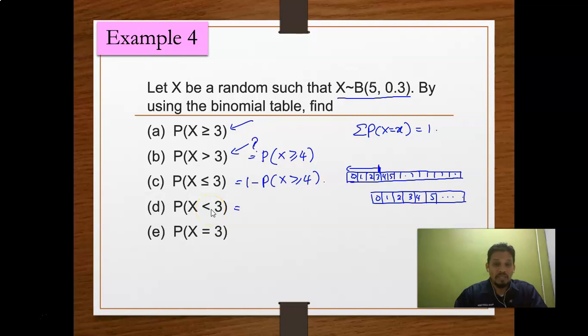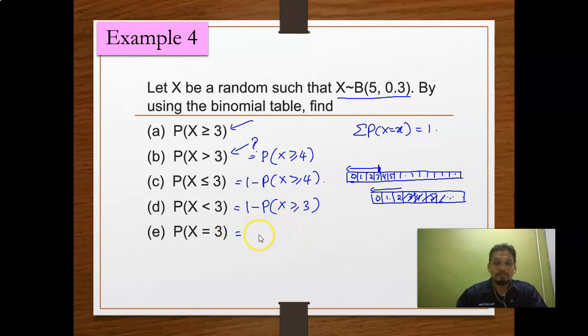No. So it includes only up to 2, which is the probability of x equal to 0 plus x equal to 1 plus x equal to 2. Because it does not include 3, it is only 0, 1, 2. So we get 1 minus the probability of x starting from 3, x greater than or equal to 3.